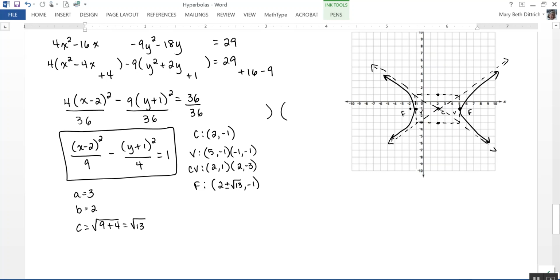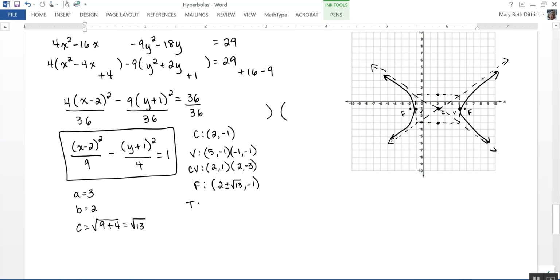That means that from this x coordinate of the center, notice the x coordinate of the center is 2, I went square root of 13 units to the right, so that's plus square root of 13, and then I went square root of 13 units to the left, that's minus square root of 13. So this is actually the two x coordinates of the foci, 2 plus square root of 13, 2 minus square root of 13, and then my y coordinate stays the same, -1, since it's on that line y equals -1.